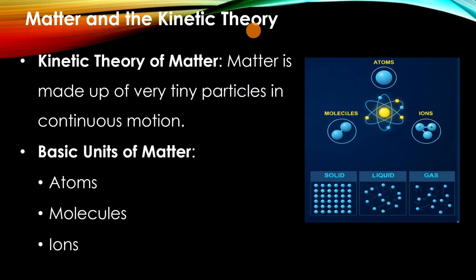Theory is just an explanation, something that is not experimental. Then kinetic means movement. So if they say matter and the kinetic theory, they're saying we are looking at matter and the explanation about how it is.